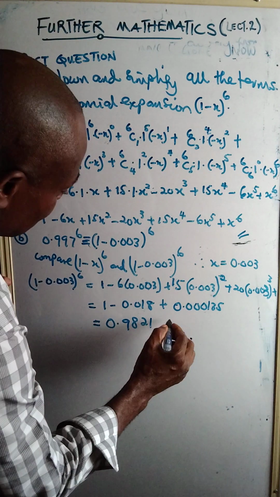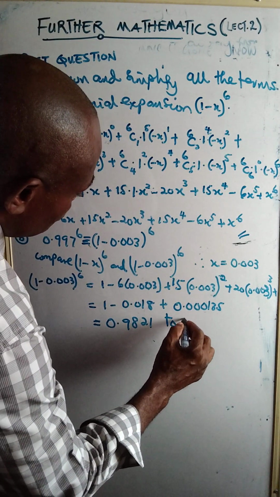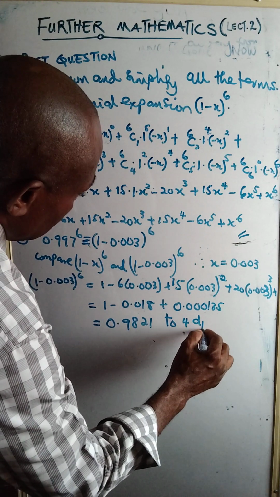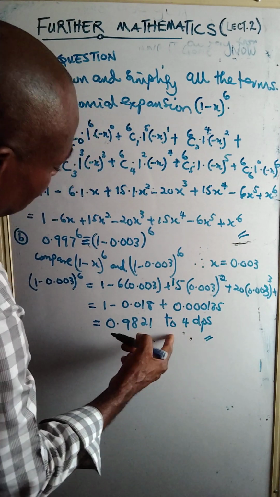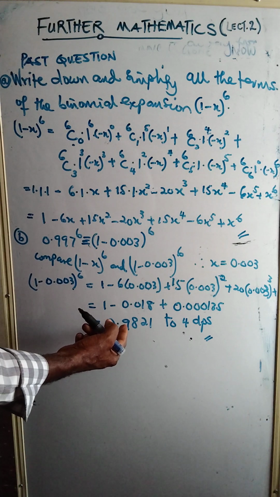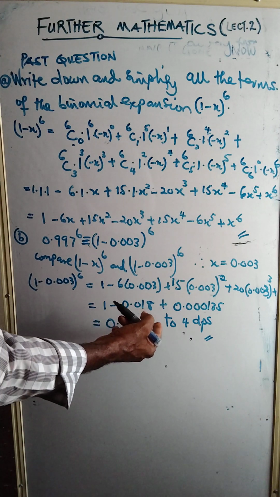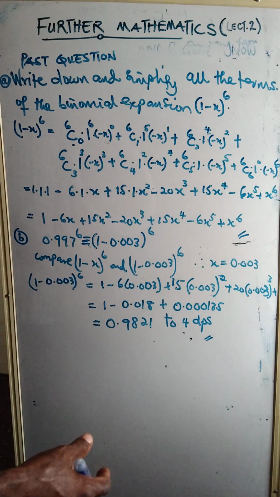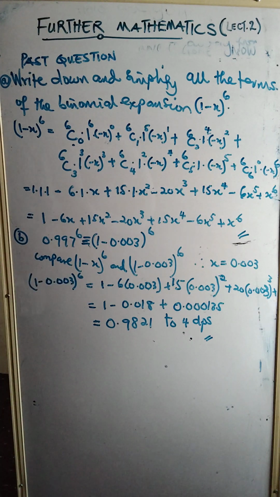When you have done it like this, you have to state 4 decimal places, because that forms part of the instruction. It should be 1, 2, 3, 4 decimal places. This is very interesting.